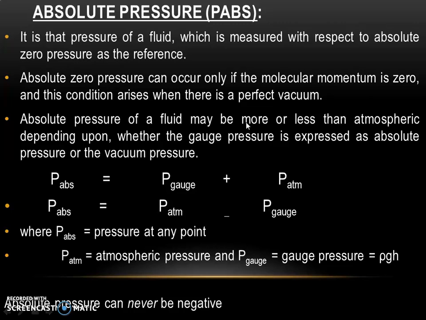Absolute pressure of a fluid may be more or less than atmospheric based on whether the gauge pressure is expressed as absolute pressure or the vacuum pressure. So P absolute is equal to P gauge plus P atmospheric, or P absolute is equal to P atmospheric minus P vacuum. Absolute pressure will not be negative.